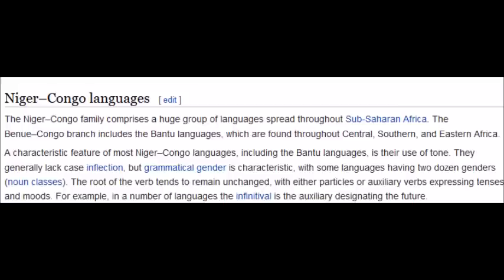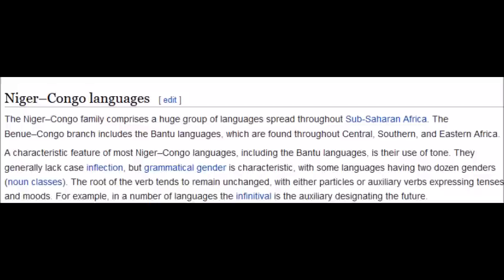All right, it says the Benue-Congo branch includes the Bantu languages, which are found throughout central, southern, and eastern Africa. You notice how they just stay far away from northeast. They just stay far away from that area, man. They don't even say north. It's funny. A characteristic feature of most Niger-Congo languages, including the Bantu languages, is their use of tone. They generally lack inflection.